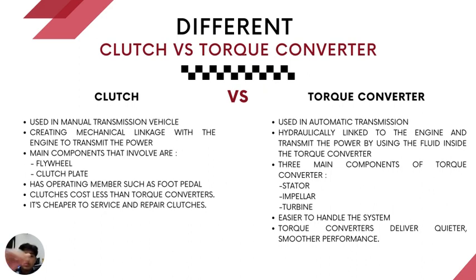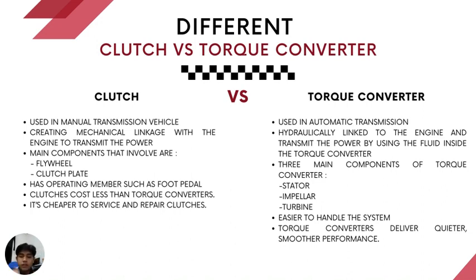From the clutch pedal, we have to put some force on the pedal so that the power will be mechanically linked to the engine to transmit the power. So that is the main component, the clutch plate, to transmit the power.